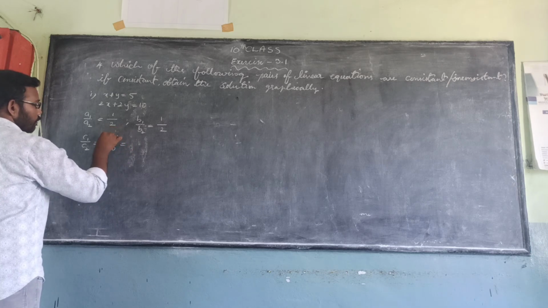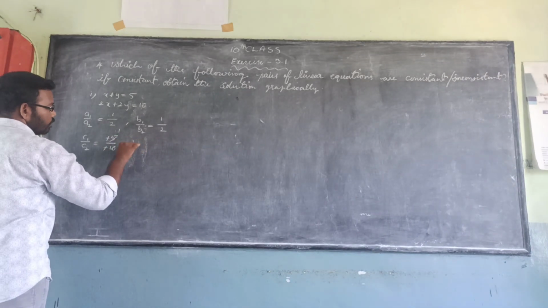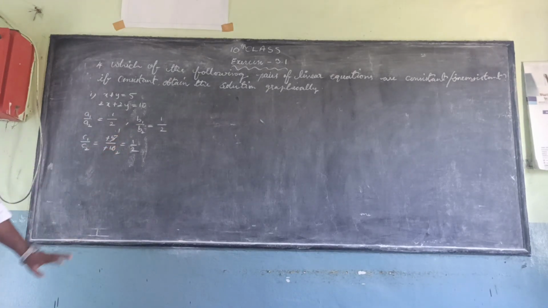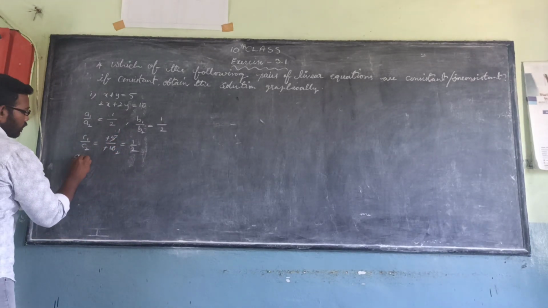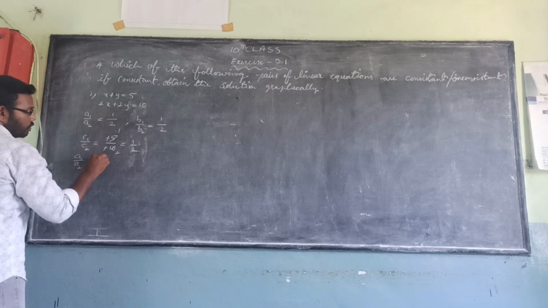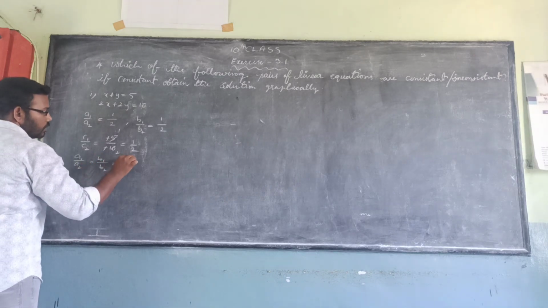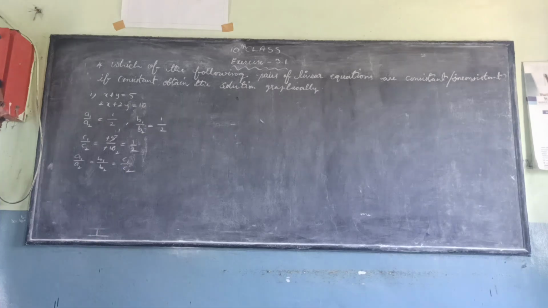The minus signs cancel, 5 1s are 5, 5 2s are 10, so that is equal to 1 by 2. Here the three ratios are the same. So a1 by a2 is equal to b1 by b2 is equal to c1 by c2.